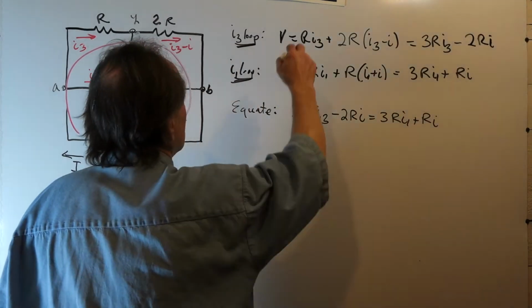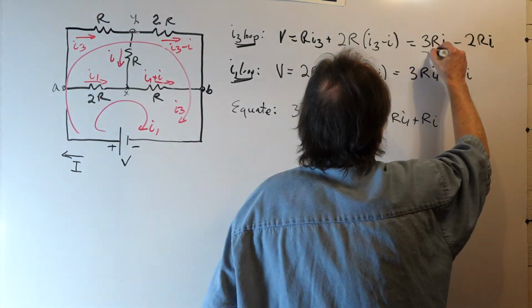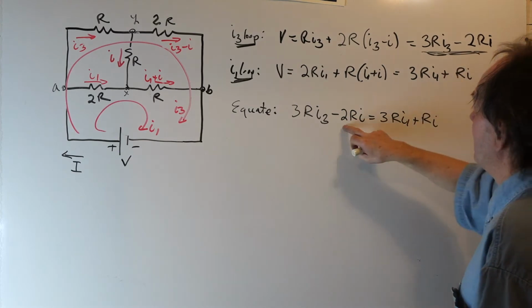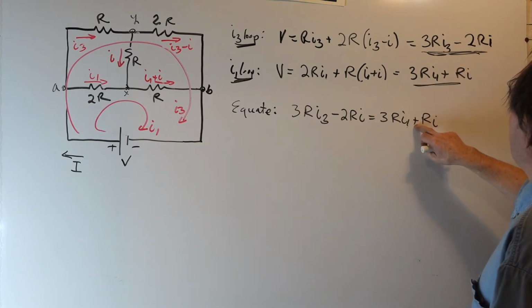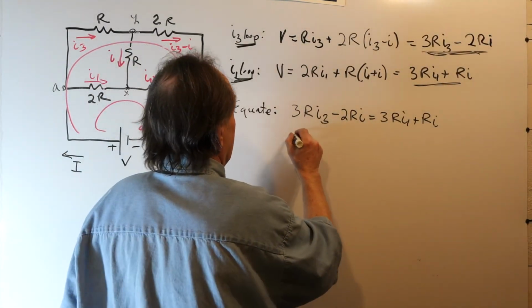Let's equate the two equations. They're both equal to V. So I take this, 3R I3 minus 2R I is equal to 3R I1 plus R I. Now let's simplify.